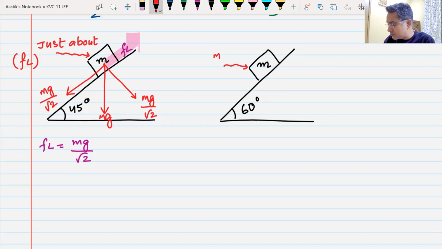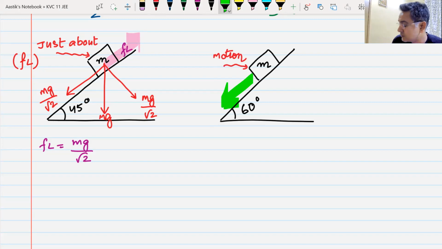The body is moving, in motion. And it is very easy to see in which direction the body is moving. The body is going down. What is the value of friction? Sir, 3/2, sir.